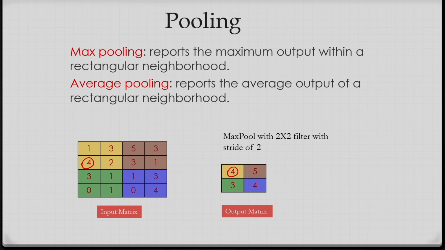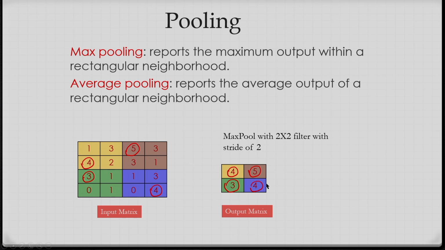Corresponding to the second neighborhood, the maximum value is 5. So 5 I am considering here. Corresponding to the third 2 by 2 neighborhood, the maximum value is 3. So 3 I am considering here, and corresponding to the last 2 by 2 neighborhood, the maximum value is 4.